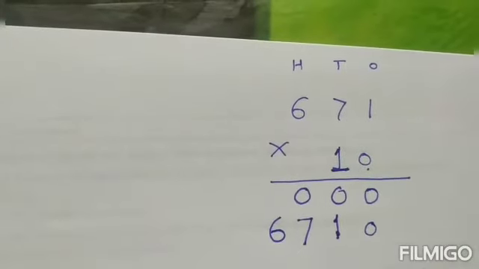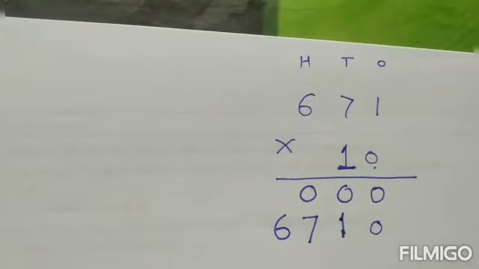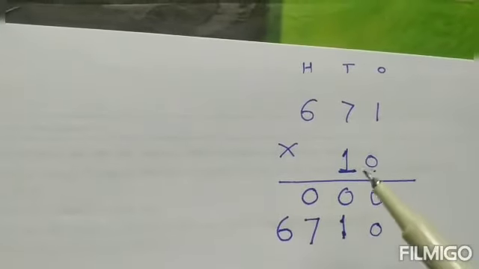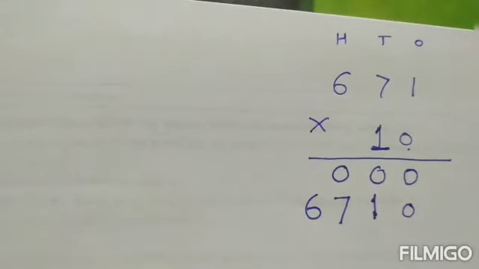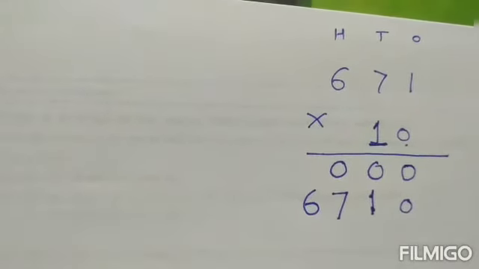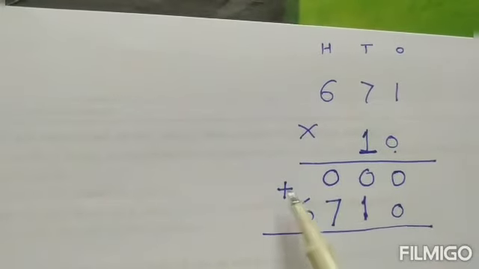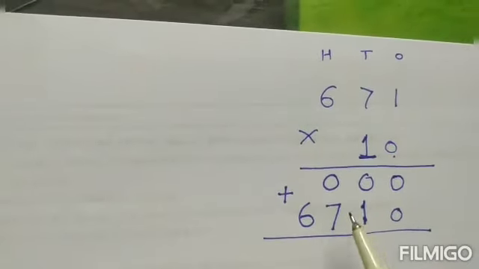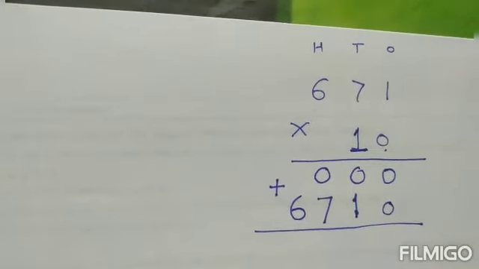And 1 into 6 is 6. Because we know if we multiply any number with 1, we get the product as that number itself. Now the next step is add these two numbers for getting the answer.